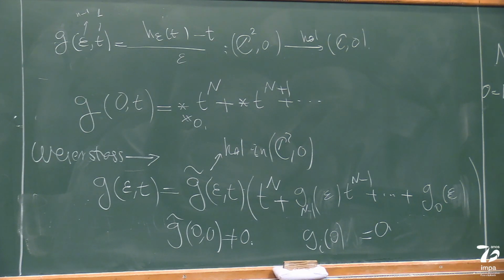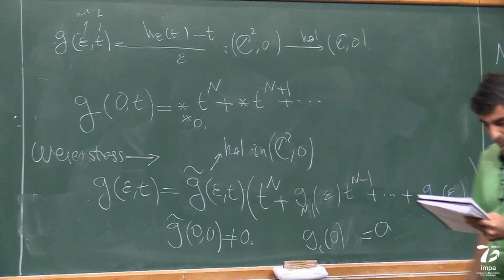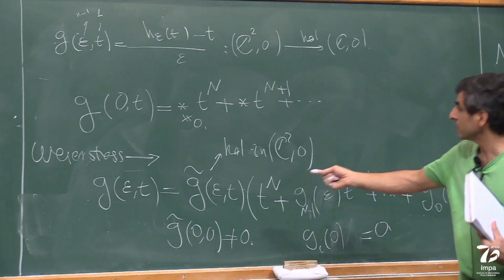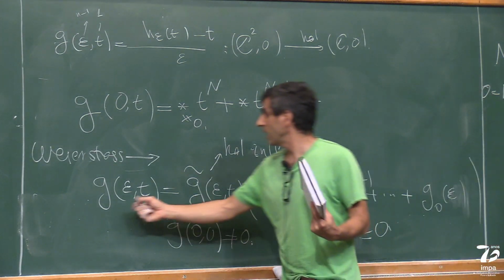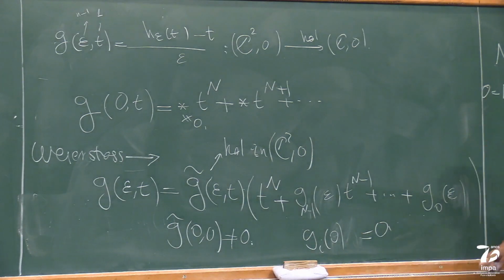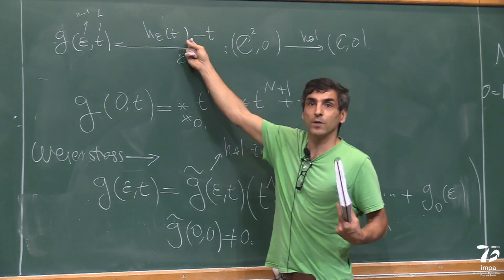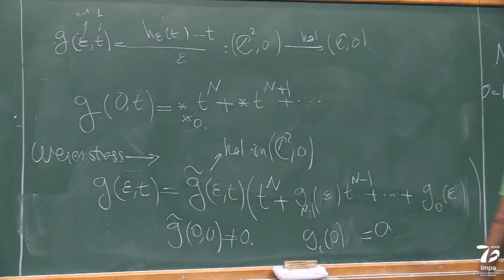It will continue as a real zero. So the proposition will be proved, saying that for epsilon small enough, you will have n zeros up to multiplicity. So this will be n fixed points of this one up to multiplicity. And then you are done.